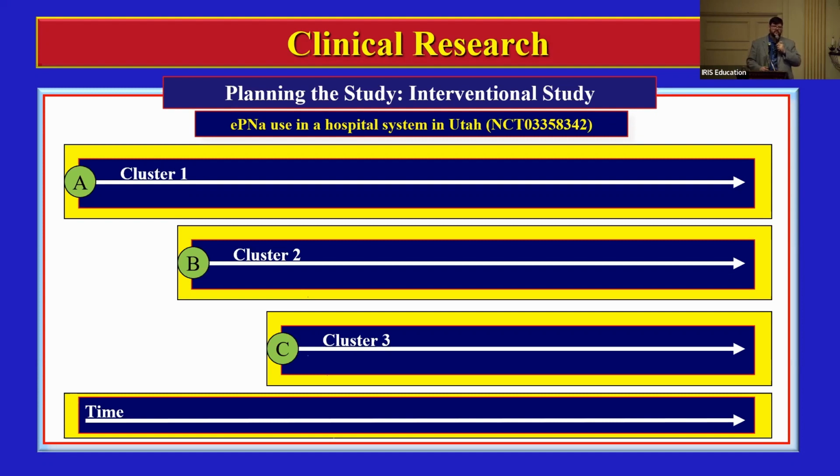And the intervention was what's called an ePNA, which was part of their EMR that was installed, where it was a system for making recommendations and suggesting, say, microbiology or treatment options for patients that were showing up with pneumonia symptoms. So this was a study that occurred over the course of several years, and then they eventually had every hospital system operating with this ePNA system.